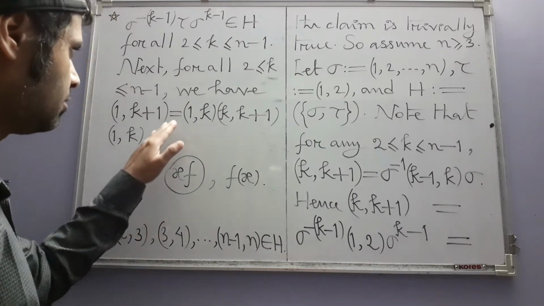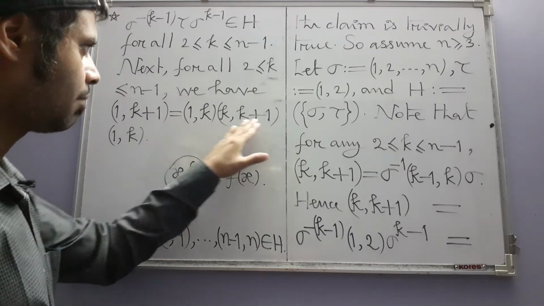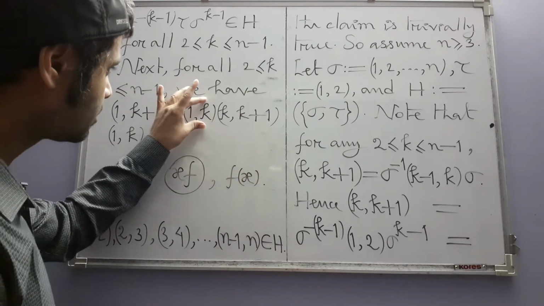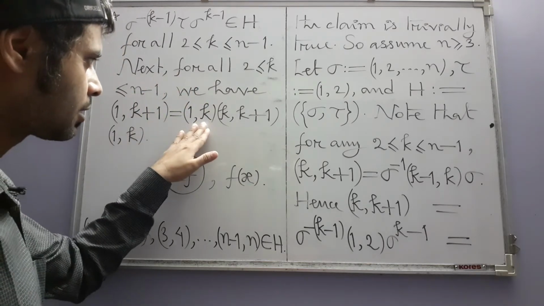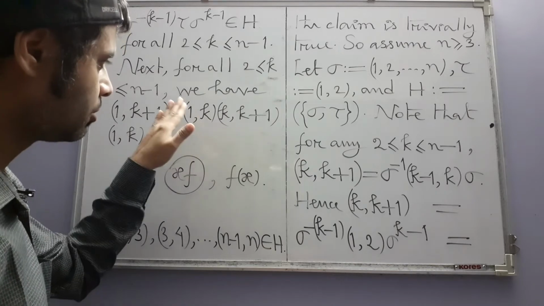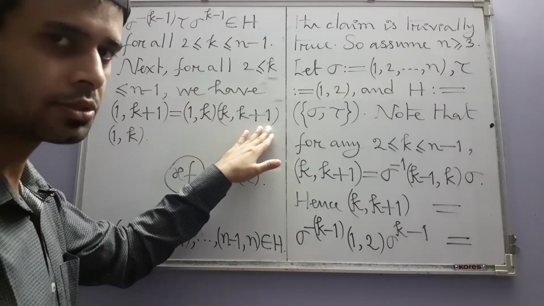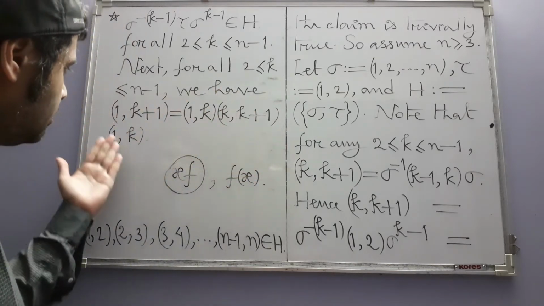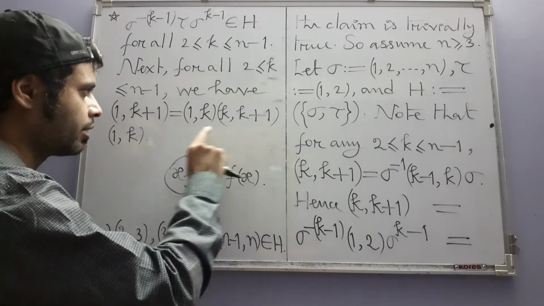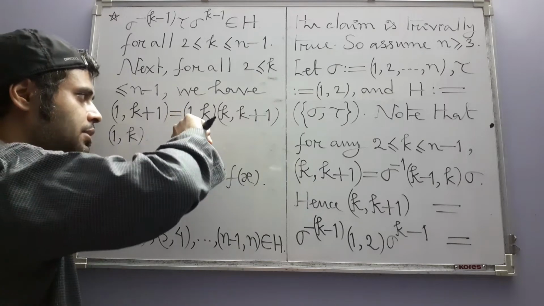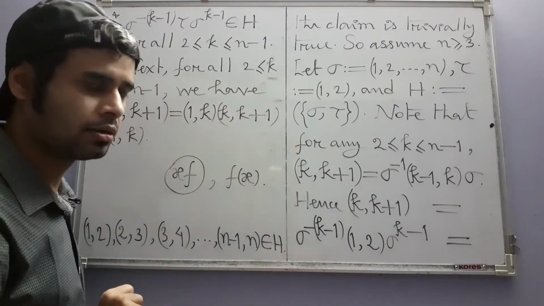When you apply this product, you first apply (1 k) to that x. Then on whatever comes out as output you apply the next one, and then the next. That's why when we calculate the product, our calculation starts from the left side and moves rightward.